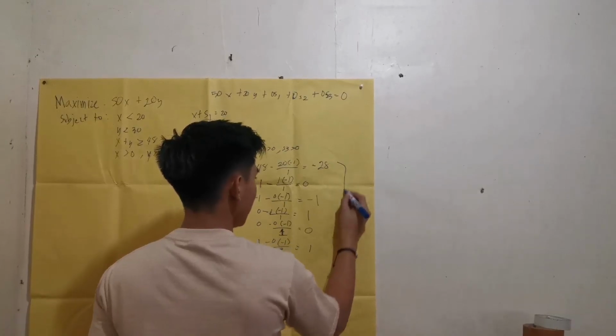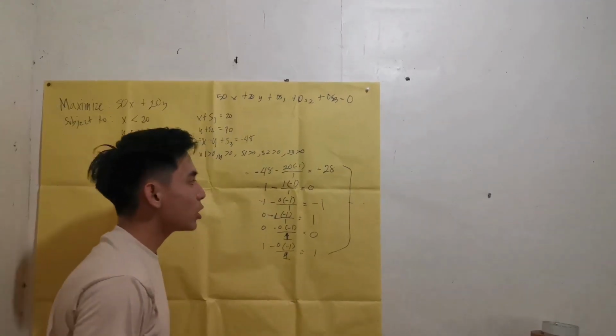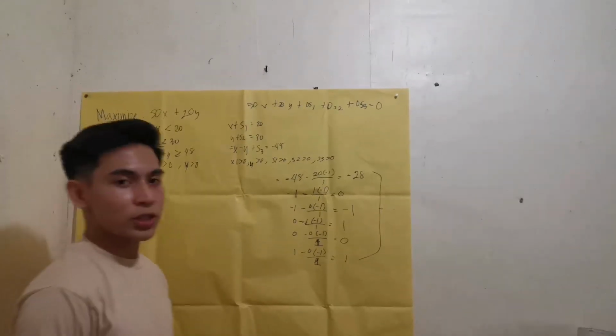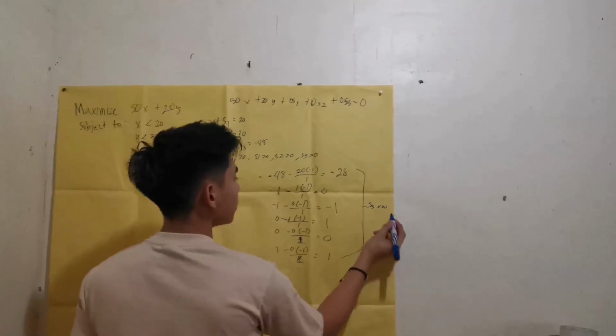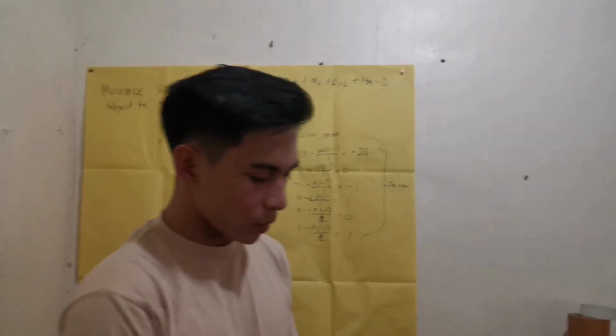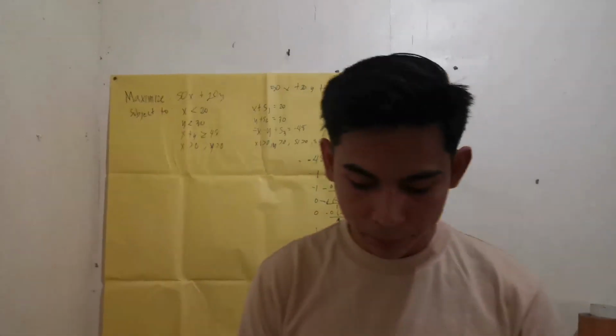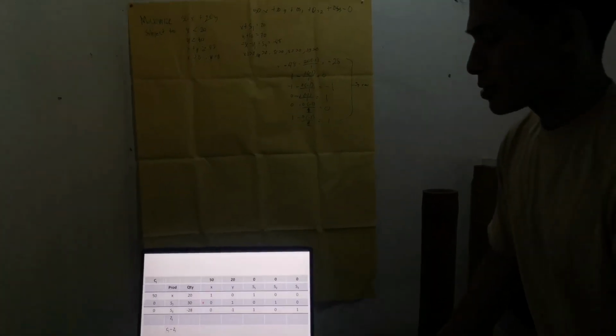So this is our new value in the S sub 3 row. These are its new values. Let's move on. You see that the value in S sub 3 has changed.